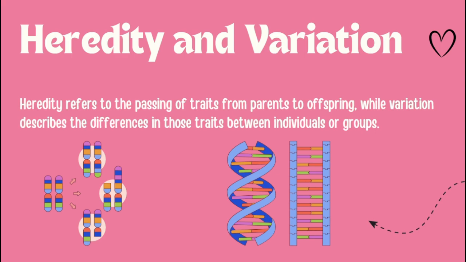It makes them less susceptible to diseases and helps them live longer because they're different and able to adapt to the environment differently. So that's the main difference between hereditary and variation, but overall these two concepts help us understand how traits are passed on from parents to offspring.